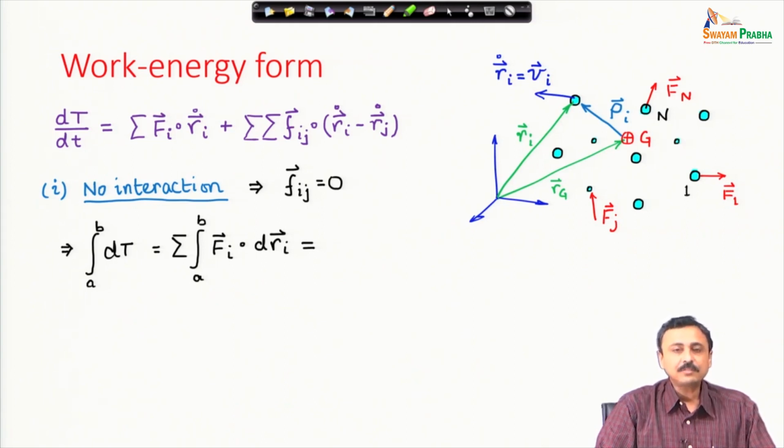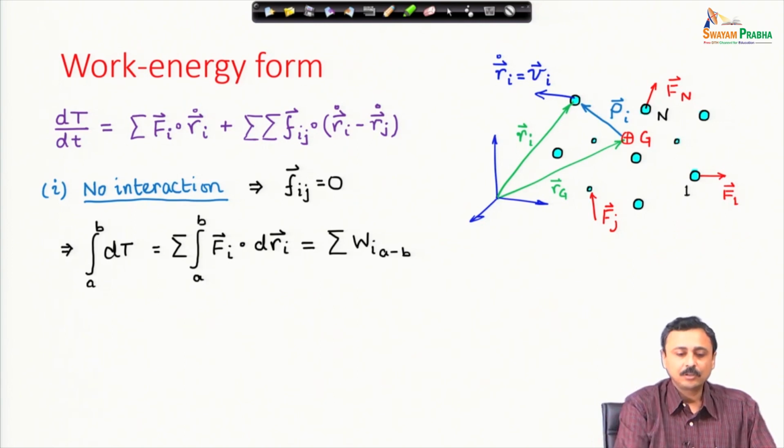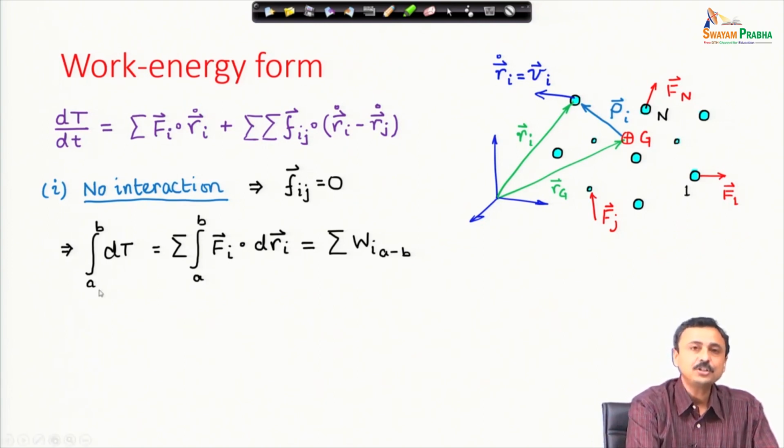On the left hand side of that expression is the time derivative of the kinetic energy. Therefore, when I multiply by dt and integrate over the system moving from state A to state B, on the left hand side it is the change of kinetic energy.